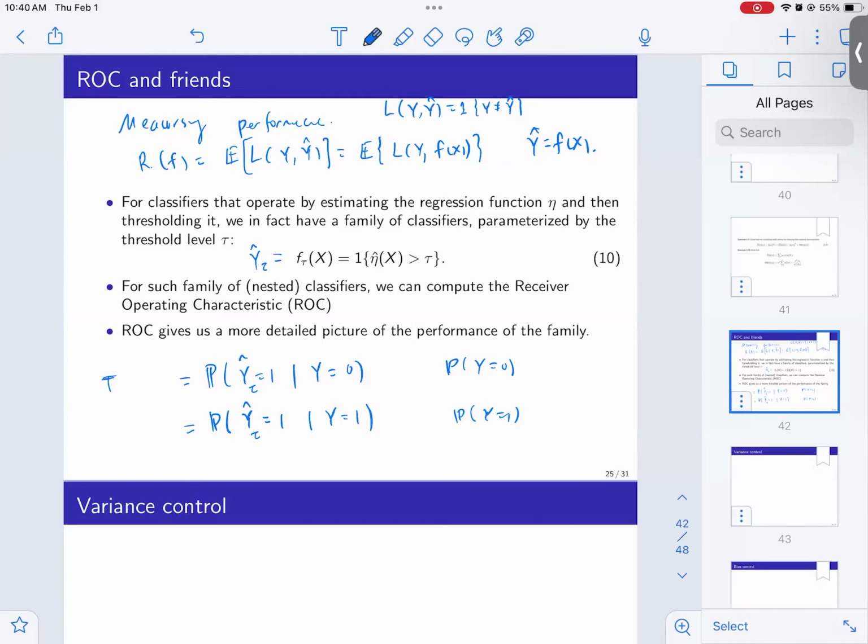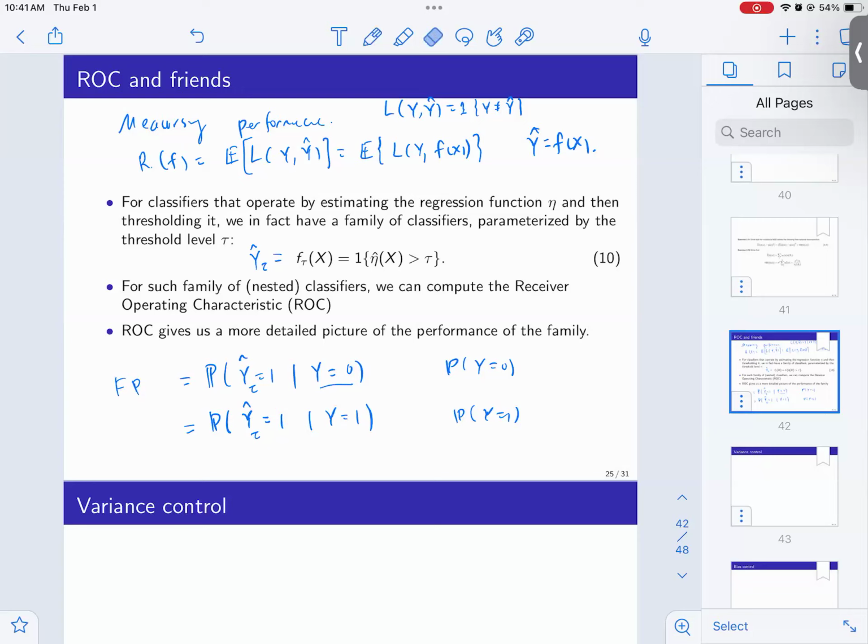I usually forget. Sorry? So this is the false positive rate. So we're declaring the case to be positive when the true case is negative. So false positive rate.